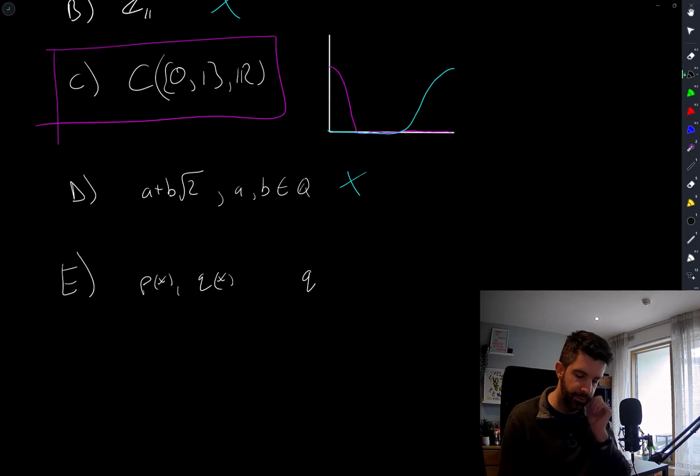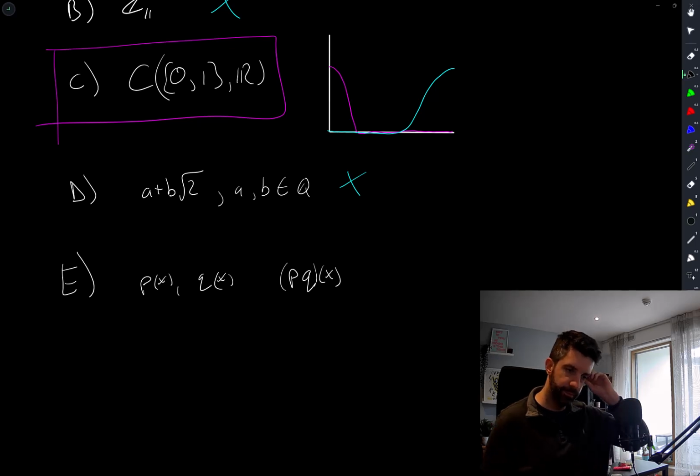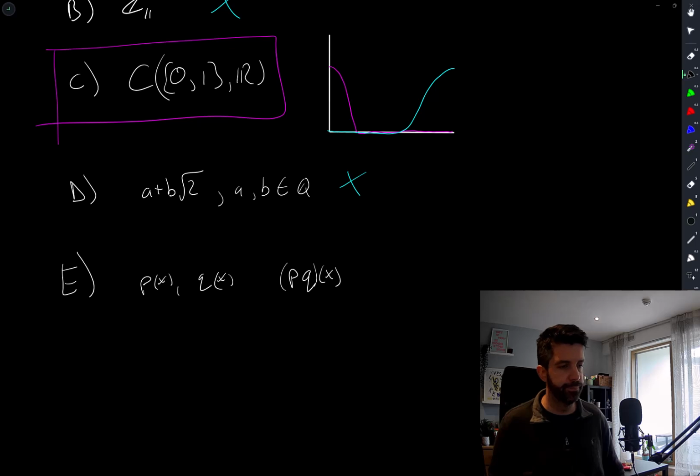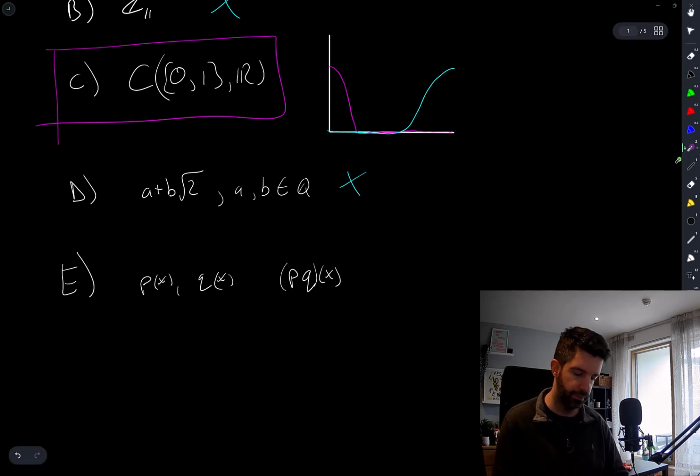Then P times Q of X, the degree can only increase or stay the same. The maximum degree can only increase or stay the same. How else would I want to show this?